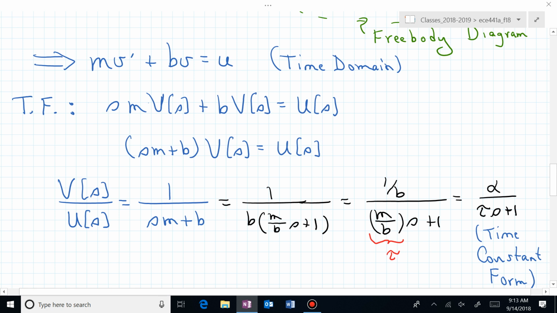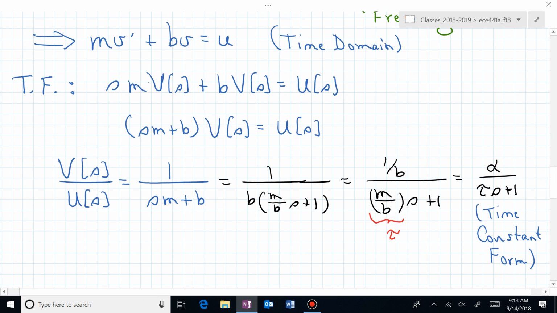Just like in the RC circuit, you wouldn't have to be told the R and the C if they give you physical data and they say, give me a transfer function that models this between the input voltage and the capacitor voltage. In this case, tau is mass over the damping, B.